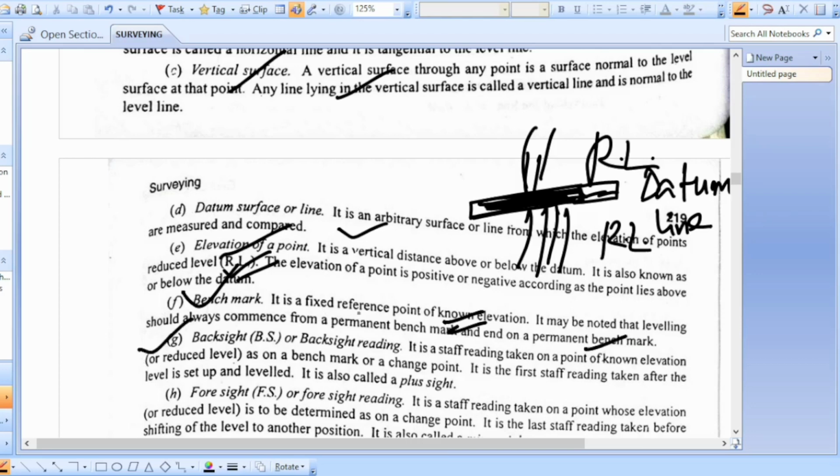Backsight. It is a staff reading taken on a point of known elevation or reduced level, as on a benchmark or a change point. It is the first staff reading taken after level is set up and leveled. It is also called plus sight.